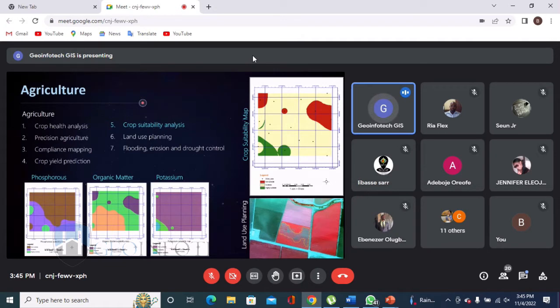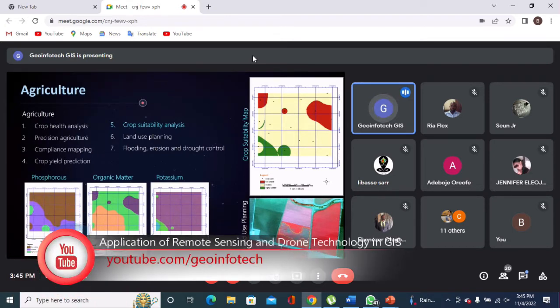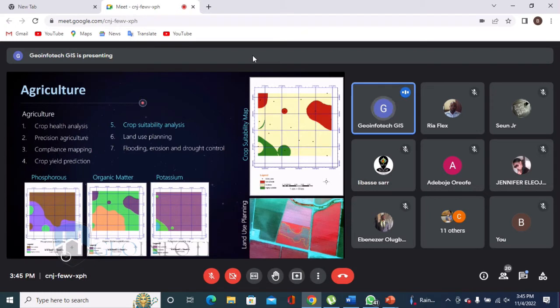And we classified phosphorus into different classes: areas that are not suitable, areas that are suitable, and areas that are highly suitable.